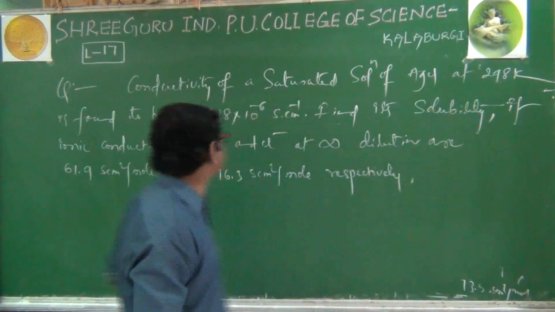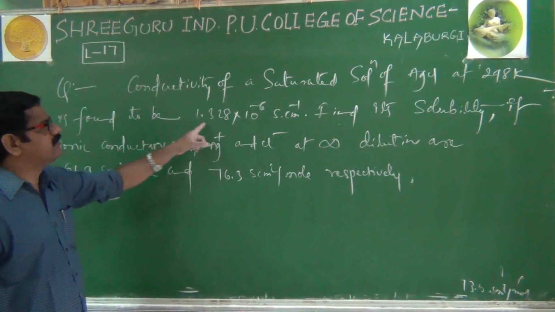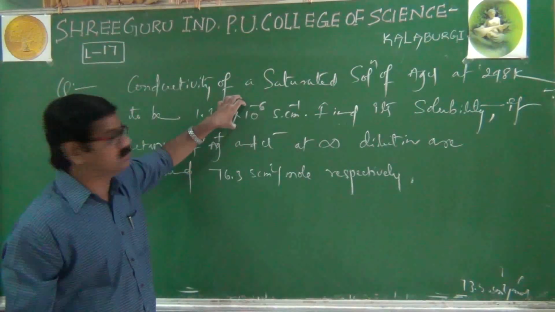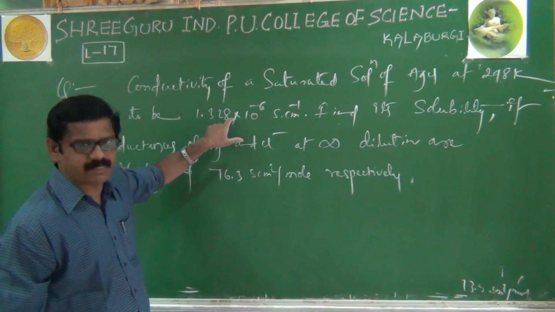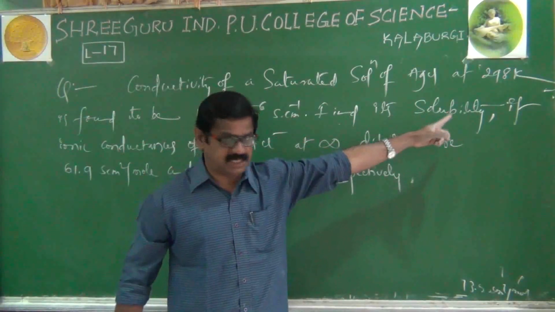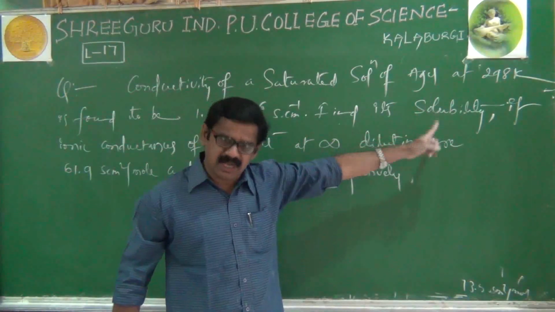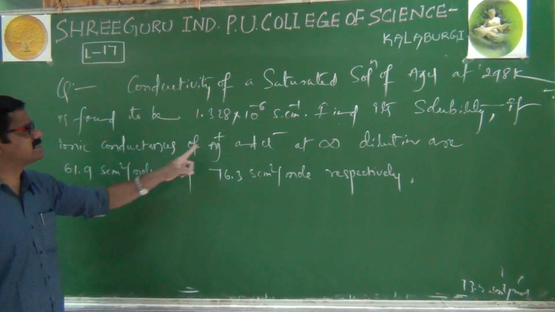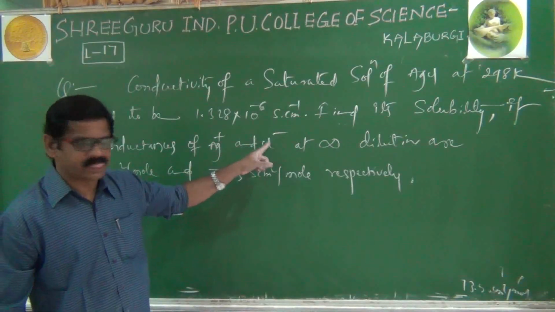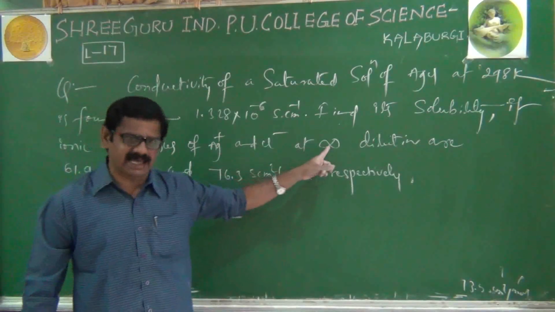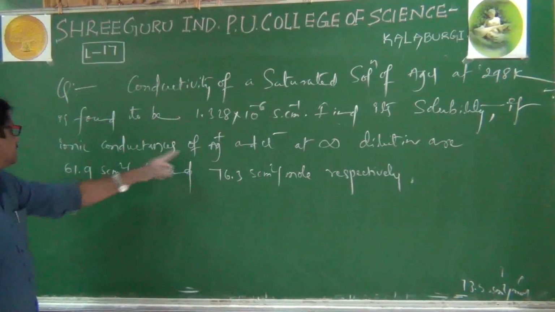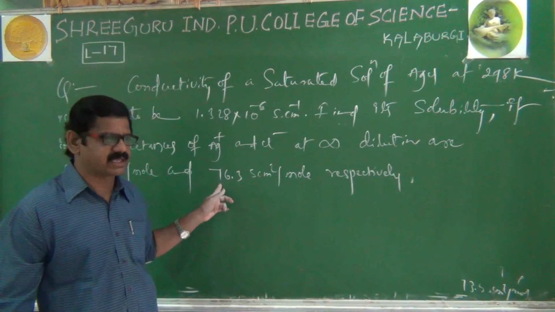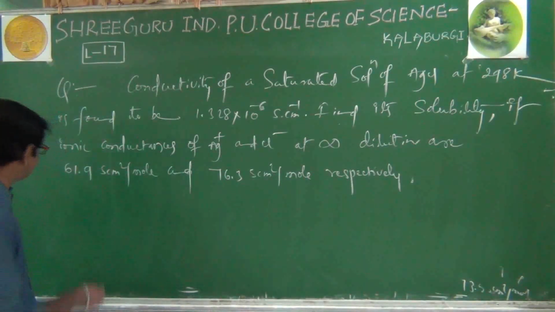At 298 kelvin, K is found to be 1.328 into 10 to the power minus 6, nothing but conductivity K. And find its solubility, nothing but molar solubility, molarity we have to calculate. And if ionic conductances of Ag plus and Cl minus at infinite dilution are: Ag plus value is 61.9 and Cl minus value is 76.3. How to calculate, we'll see now.